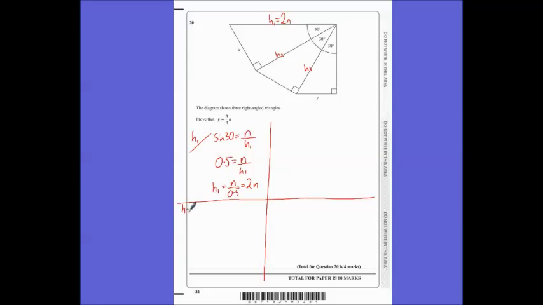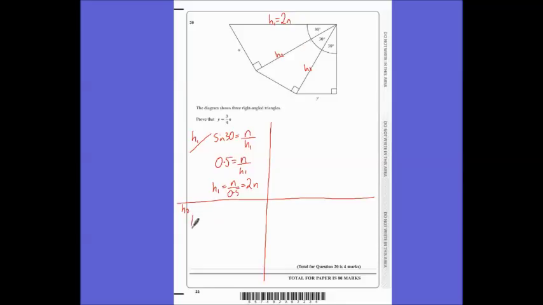So to work out h2, so this value here, we can use Pythagoras in this one because on the big triangle we've got the hypotenuse and we've got this opposite here. So this is actually the base of that top triangle. So to work out h2, I'm going to use Pythagoras in this triangle here.